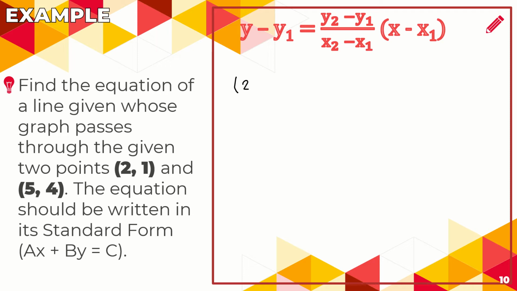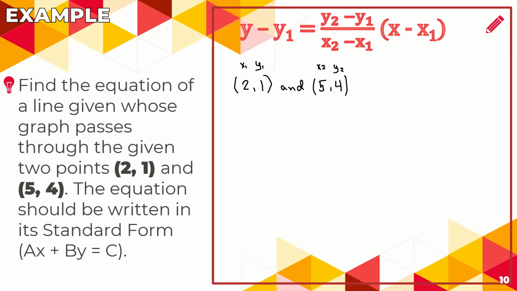So we have (2, 1) as our first point and (5, 4) as our second point. So 2, 1 will be our x sub 1 and y sub 1 respectively, and 5, 4 will be our x sub 2, y sub 2 respectively.